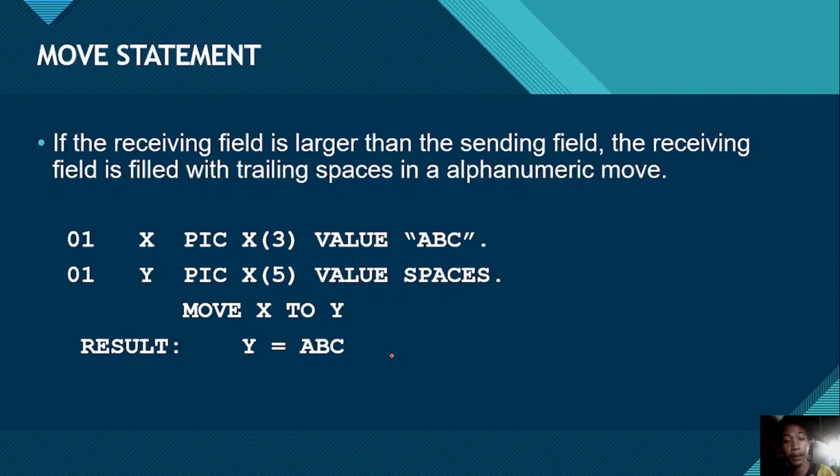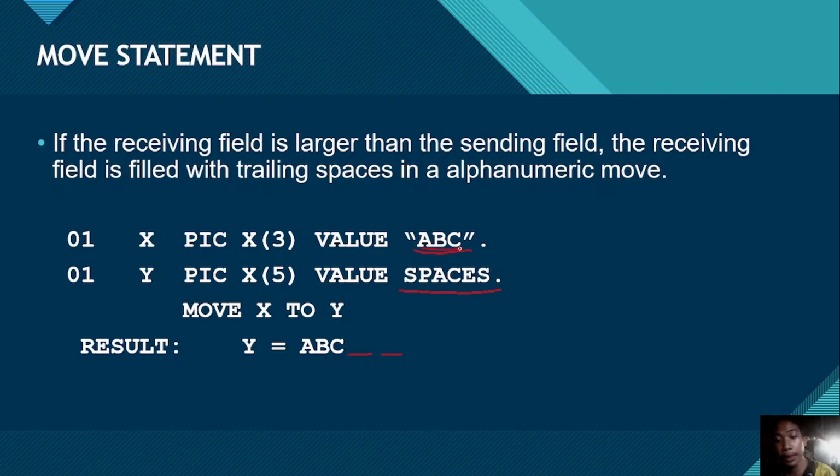If the receiving field is larger than the sending field, it would be filled with trailing spaces in an alphanumeric move. As you can see, we have 3. This is our sending field. Then our receiving field has 5. So when we print this one, we have the remaining 2 spaces.